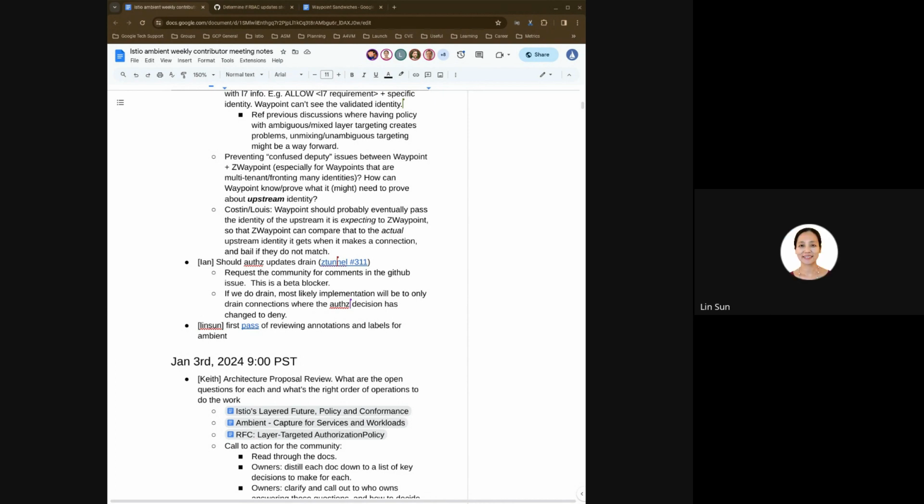I think I kind of agree. We should look at what's out there in the existing market for CNI and what behavior they have. I think that catalog of analysis of popular CNIs and their behavior is probably worthwhile doing, and that would help us make a decision if this is acceptable for beta.